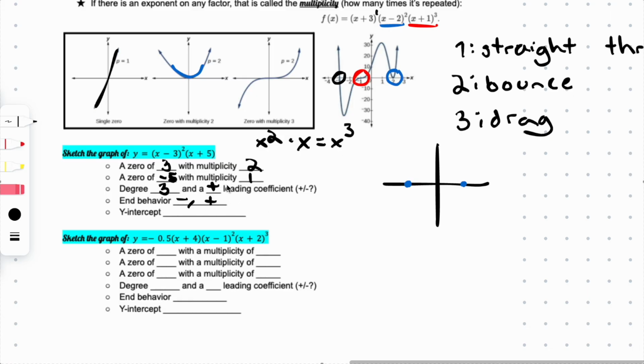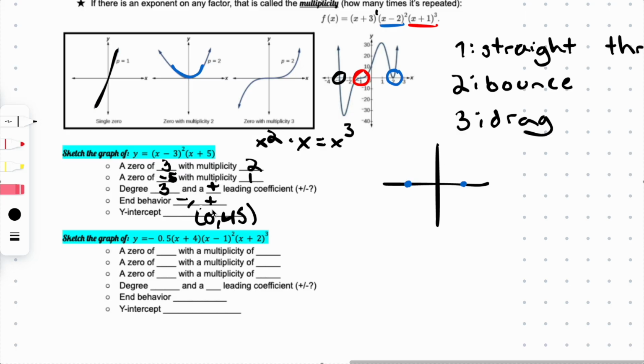And as x approaches positive infinity, f of x is going to approach positive infinity. And our y-intercept, we're just going to plug in 0 for x. So we get 0 minus 3, which is negative 3. Negative 3 squared is 9. 0 plus 5 is 5. So 9 times 5 is 45. And I'm going to write 0, 45.